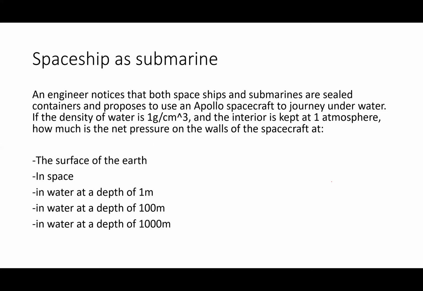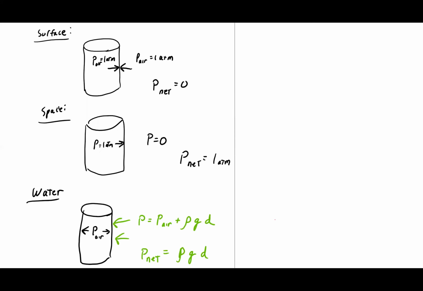And then we can ask the question, okay, how is the pressure that this object is exposed to different in space versus on the surface of the Earth versus underwater? So on the surface of Earth, we can imagine that there's atmospheric pressure inside the vessel and outside, and so there's a net pressure on a point on the spacecraft of 0. If I'm in space, there's no external pressure or very little, so I can imagine a net pressure of 1 atmosphere outwards.